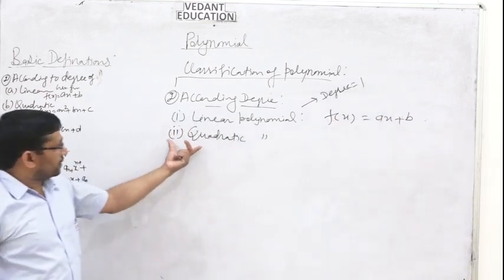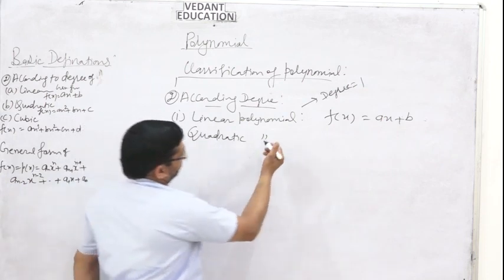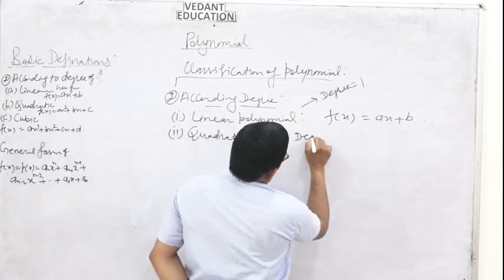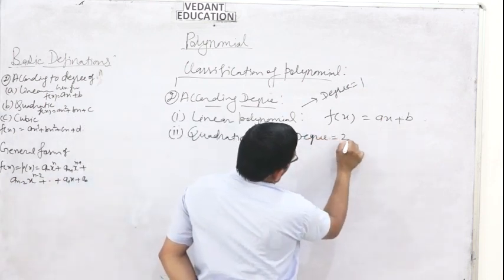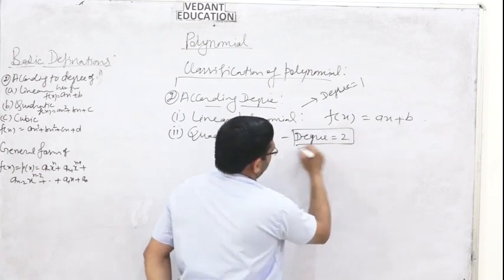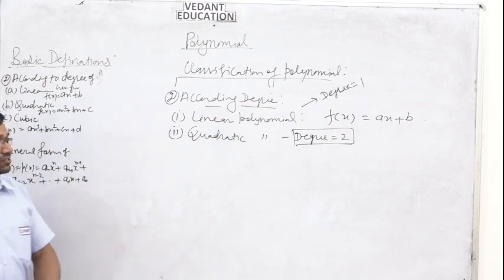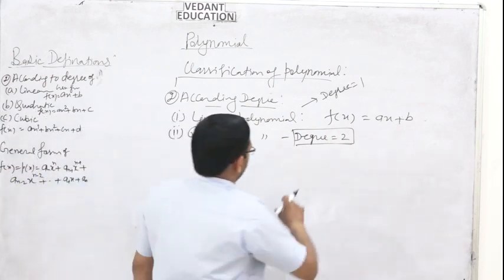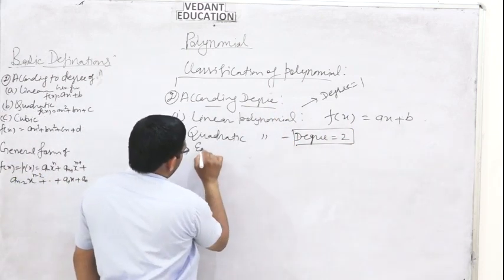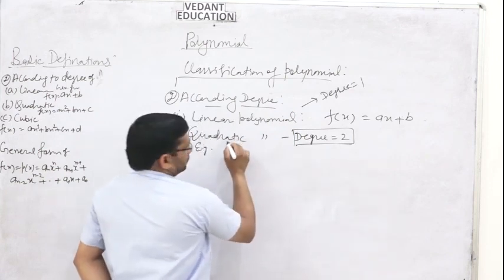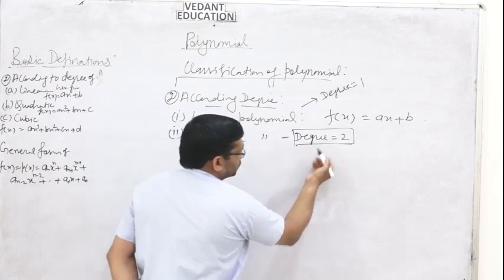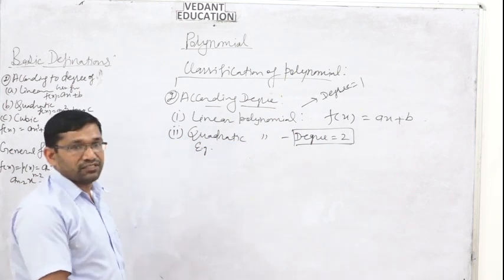So now the second type, quadratic polynomial, the polynomial which has degree 2 is known as quadratic polynomial. For example, degree is 2, it means the highest power of variable is 2.